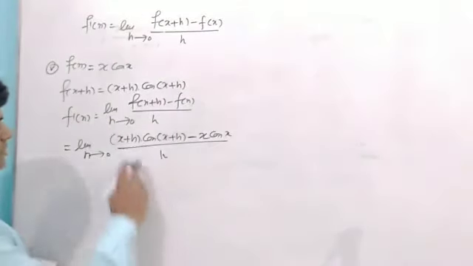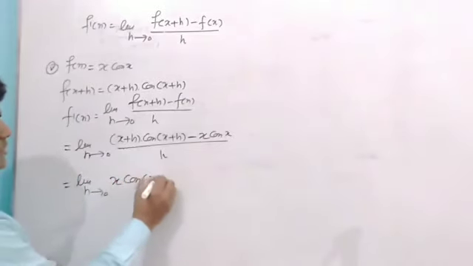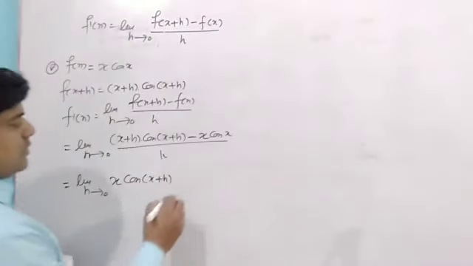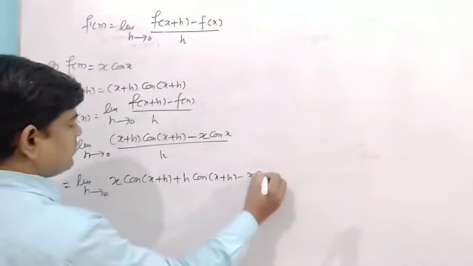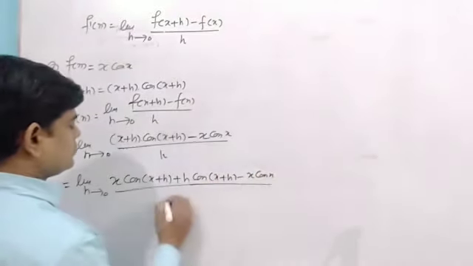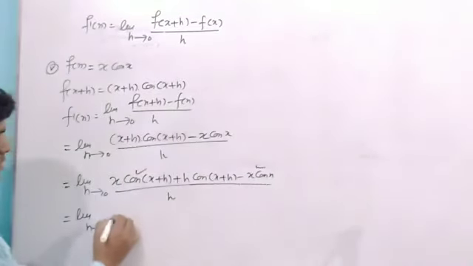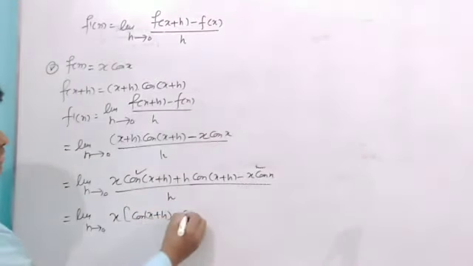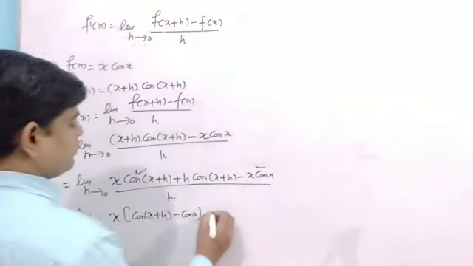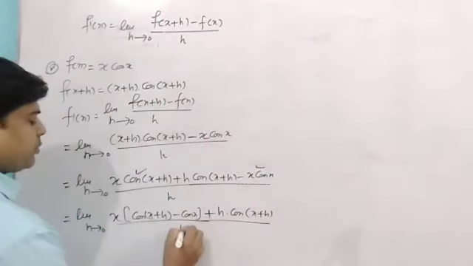Now what should I do? We can write the limit as h tends to 0 of [x cos(x+h) plus h cos(x+h) minus x cos x] whole upon h. If I take these two together, x will be common: x[cos(x+h) minus cos x] plus h cos(x+h), whole upon h.